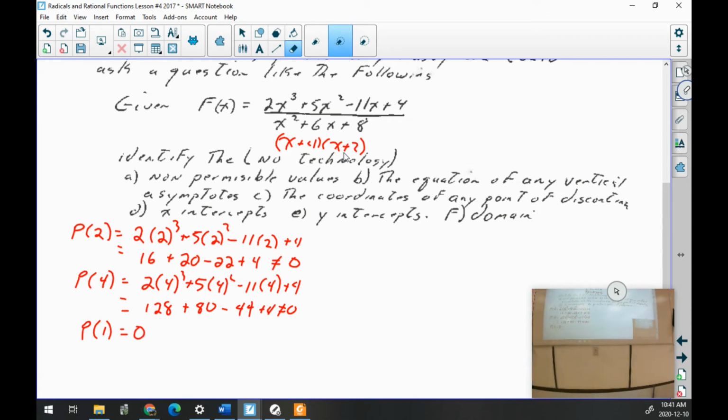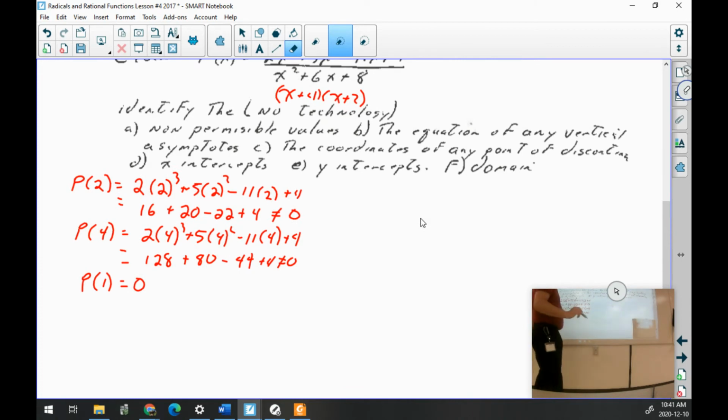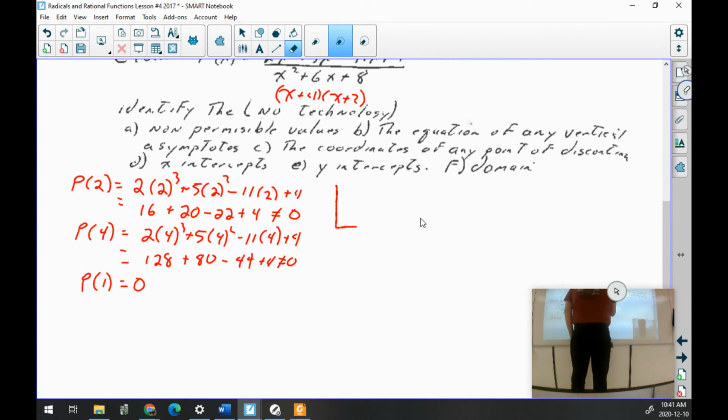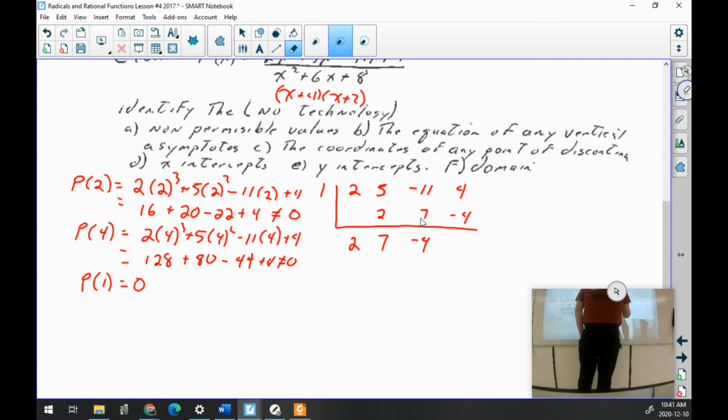So we get to do some synthetic division. 1, 2, 5, -11, 4. Bring that guy down. So right now we've factored out to x minus 1, 2x squared minus 7x minus 4.